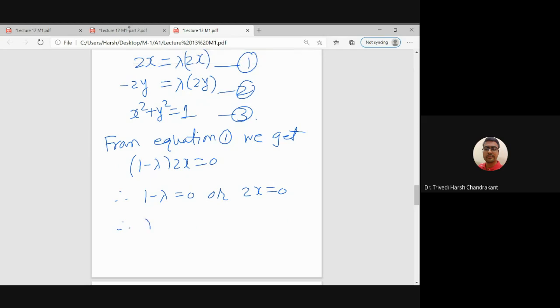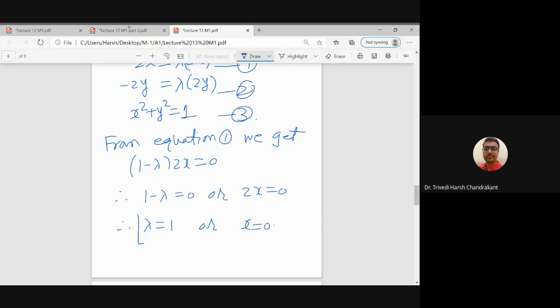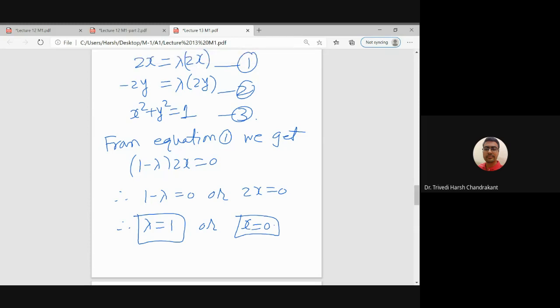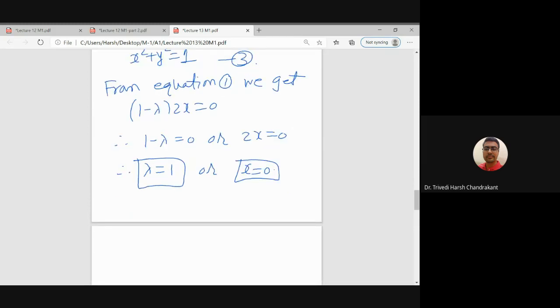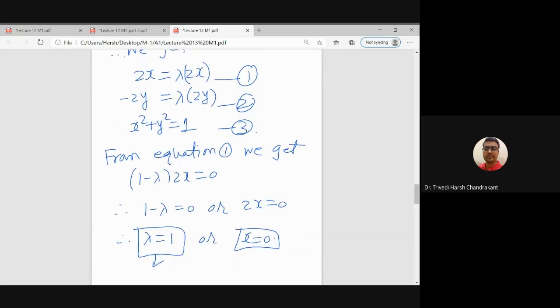So we get lambda equals 1 or x equals 0. So we get two cases from the first equation.